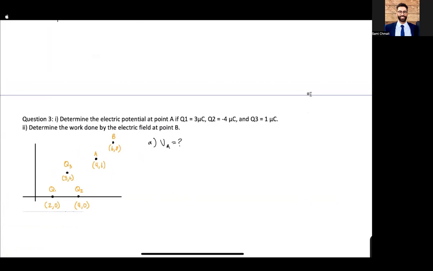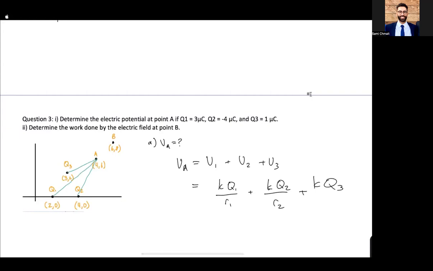We don't know what that's equal to, and each charge is going to contribute to it. So we can say VA is equal to the sum of all of them: V1 plus V2 plus V3. The equation is K Q1 over R1 plus K Q2 over R2 plus K Q3 over R3.